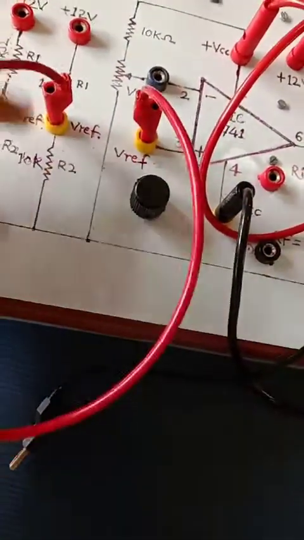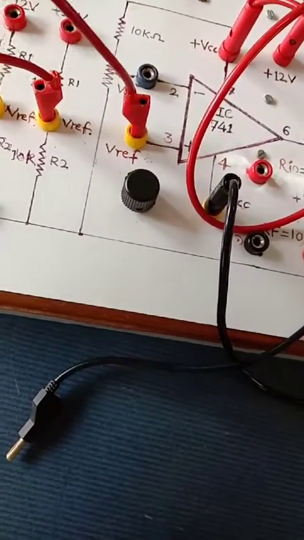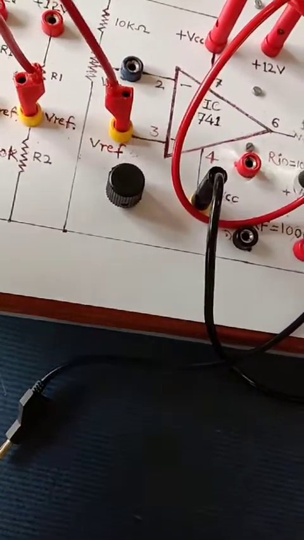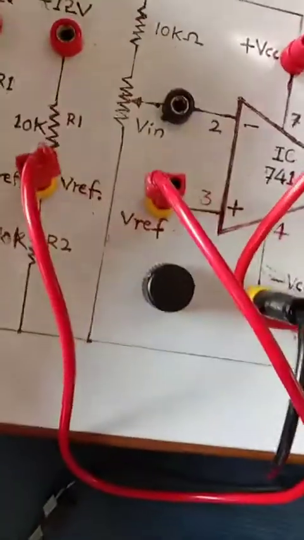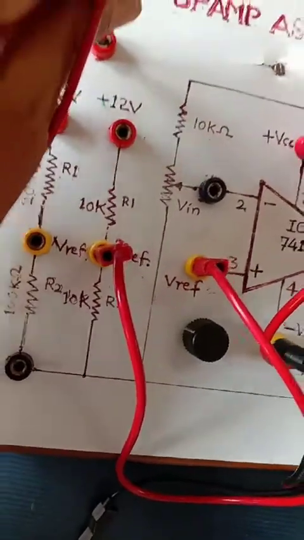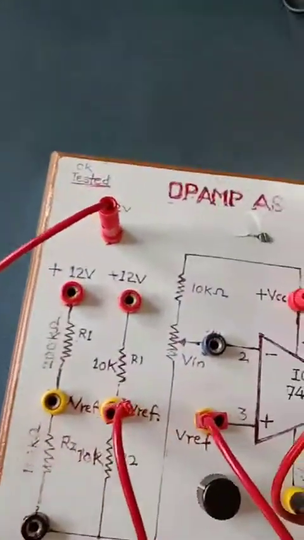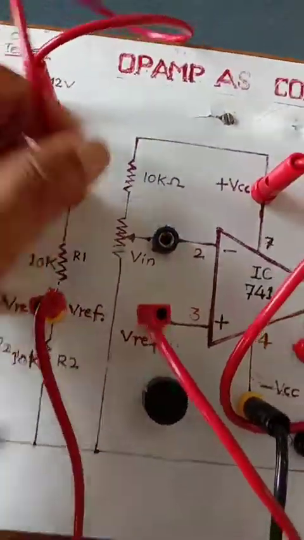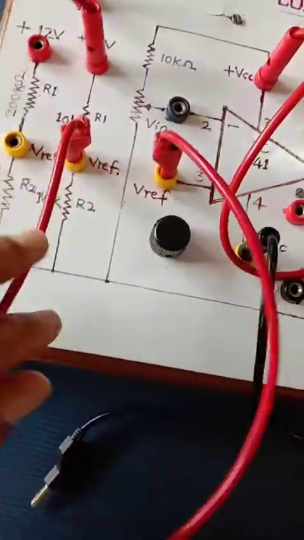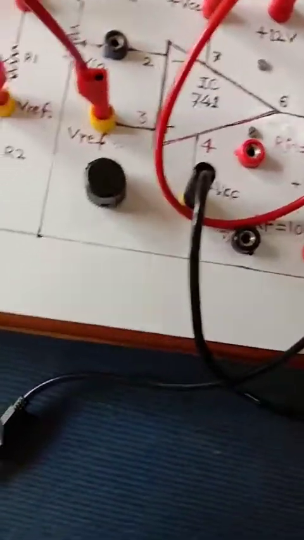Therefore with respect to ground we get 6 volt, the voltage across R2. So apply plus 12 volt to this voltage divider branch, and apply this reference voltage to pin number 3.